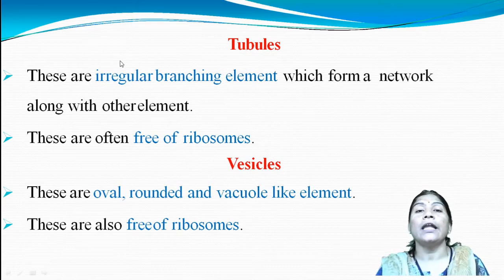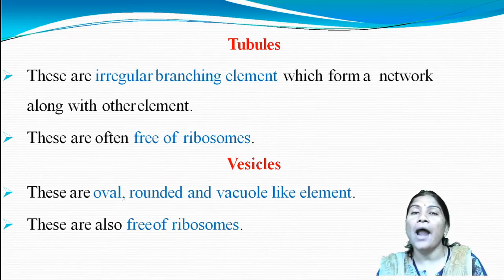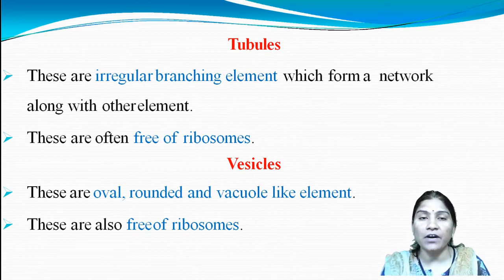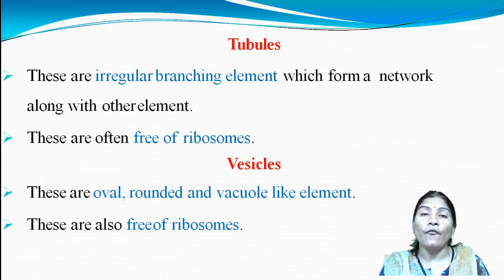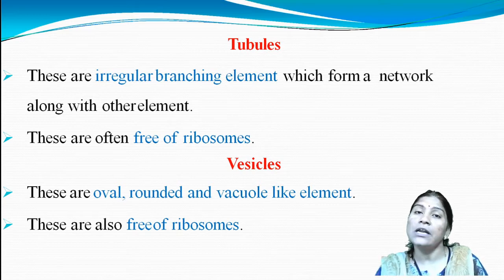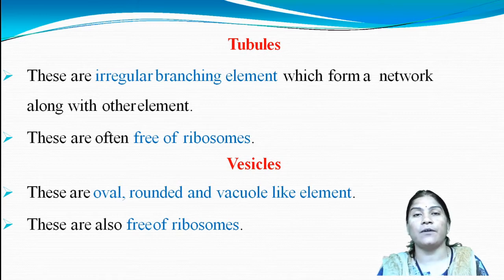Tubules are irregular branching elements, irregular branched structures which form the network along with the other elements. These are often free from ribosomes. Tubules are without ribosomes.